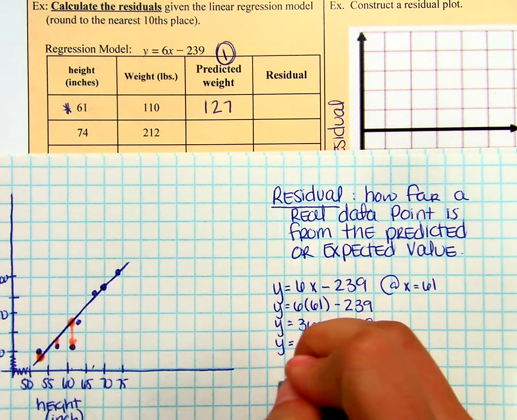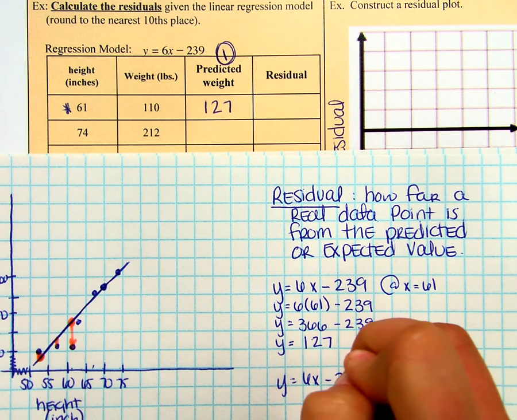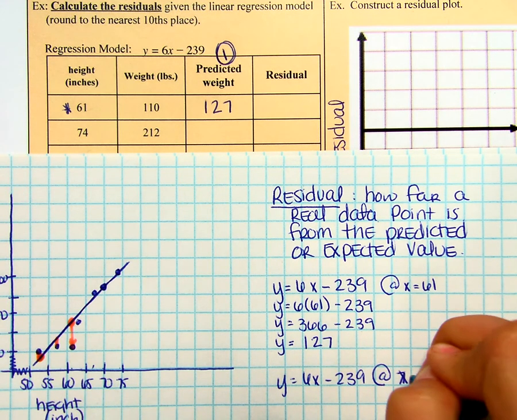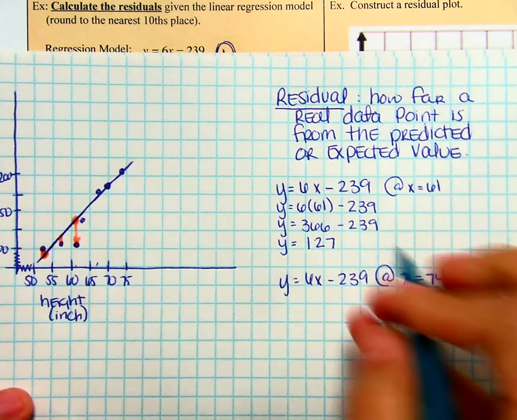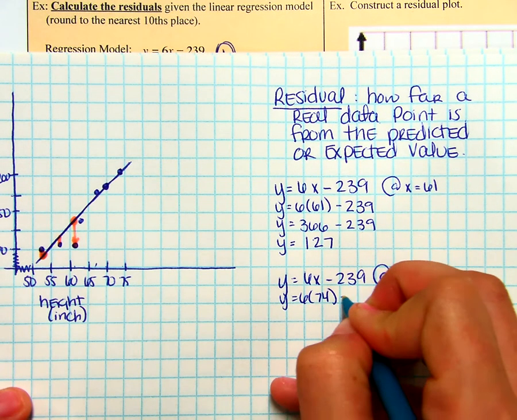So y equals 6x minus 239, and this time I'm going to do this at x equals 74. So y equals 6 times 74 minus 239.